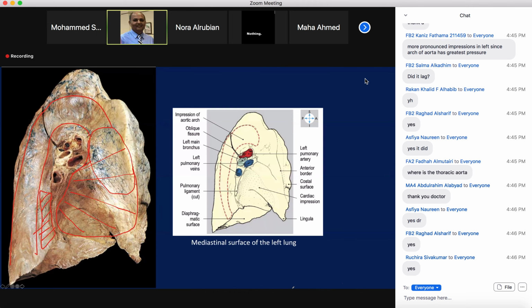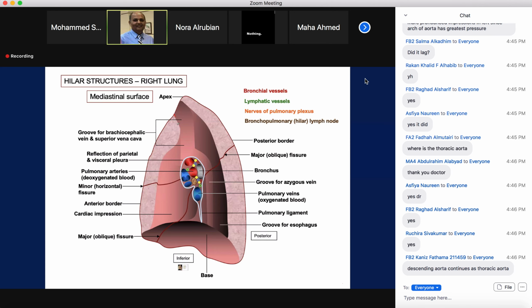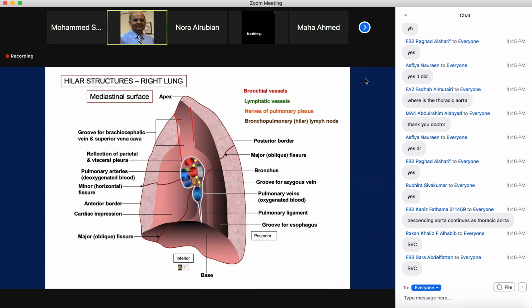So now, this is my right lung, because you can see two fissures and three lobes. And then how the structures have been arranged. Here we see, let me label it, this should be my superior vena cava.